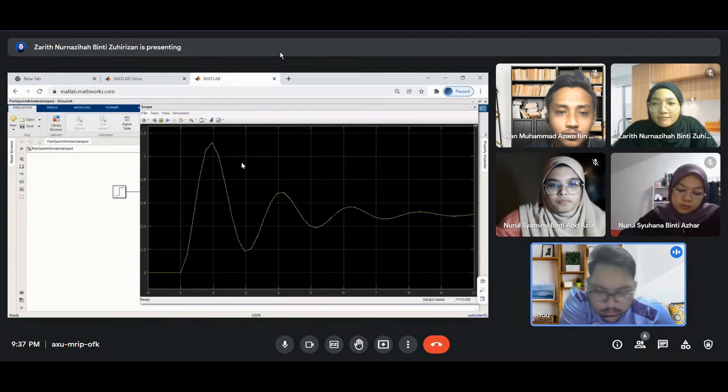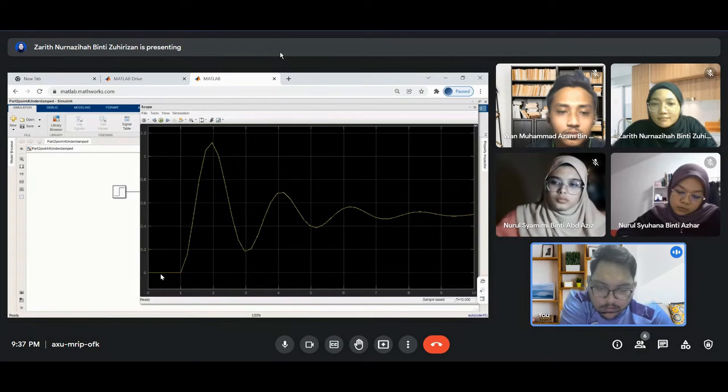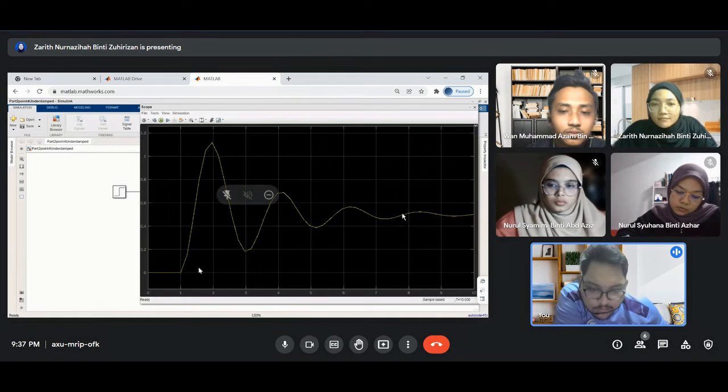Okay, as you can see here is the output graph on the scope. In the previous lab, for the underdamped condition, theoretically the output would be just the same as this, but there is a slight difference in the middle.